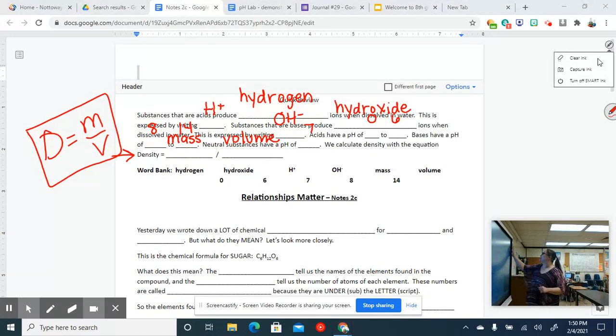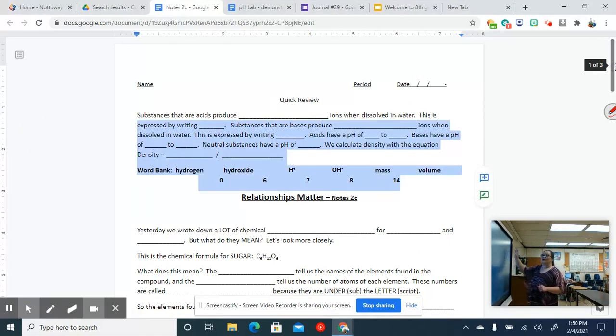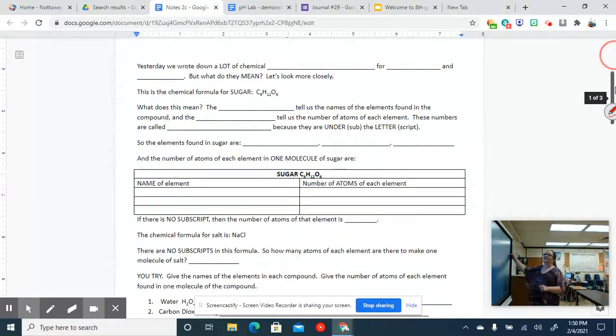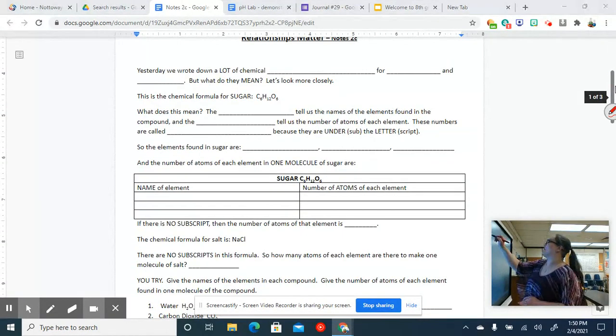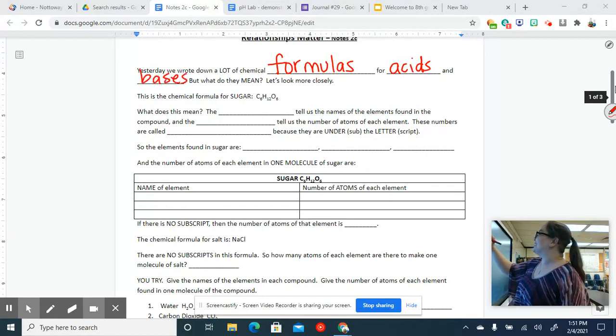Okay, so it says yesterday, but of course we know that with the crazy world we're in that it wasn't yesterday. So last time, we wrote down a lot of chemical formulas for acids and bases. But what do they mean? Let's look more closely.